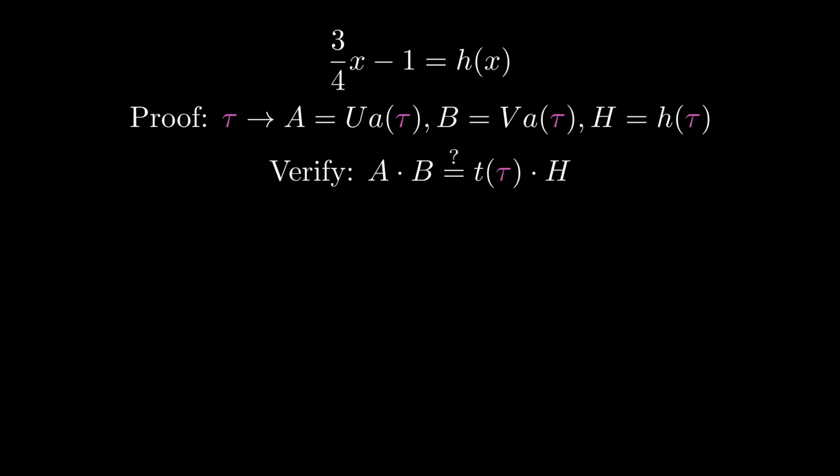So let's take a random point, let's call it tau, and then let's run it through our equations, and then we can send them over a, b, and h. And then all the verifier has to do, right, the person checking our calculation and making sure our NAND gate is correct, all they have to do is they multiply a times b, they compute t of tau, and then times h, and they compare the two, right?